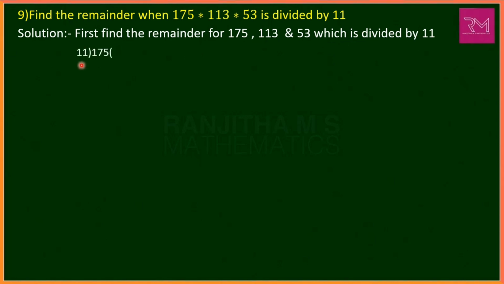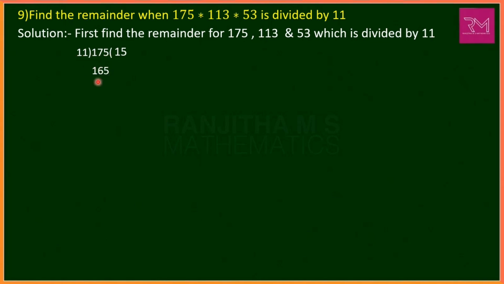By the normal method, we have to find the remainder for 175 divided by 11. Here 175 is the dividend and 11 is the divisor. We have to find the quotient, and with the help of the quotient we get the remainder. If we multiply 11 with 15, we get 165, which is close to 175.